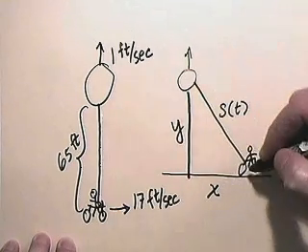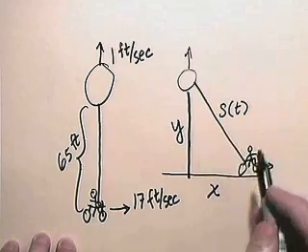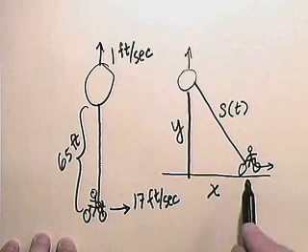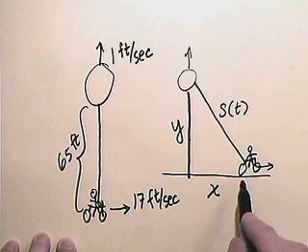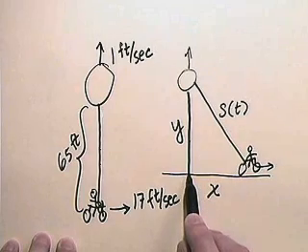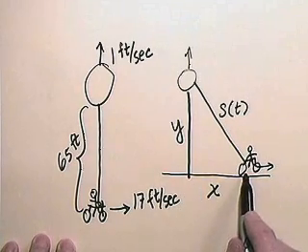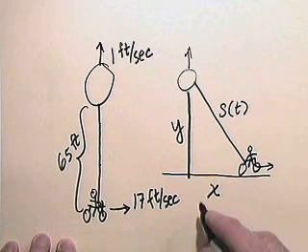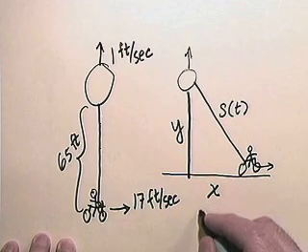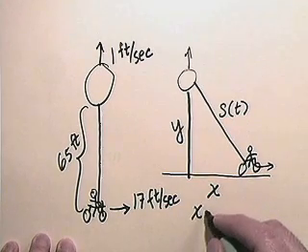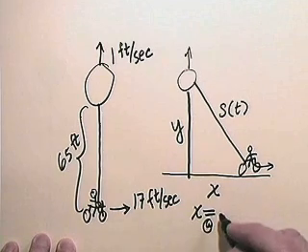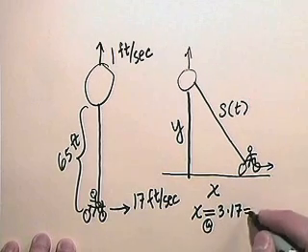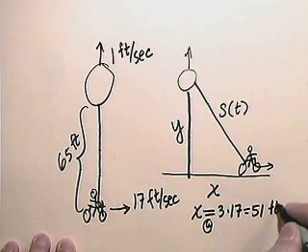And of course, the distance from the balloon to the bike has been specified for us as s(t). Now, at the instant we're interested in, that's 3 seconds after the bike was directly under the balloon. So how far could the bike have gone? Well, it's going 17 feet a second, so in 3 seconds, it goes 3 times 17 feet. And so we're interested at the instant x equals 3 times 17, which is 51 feet.